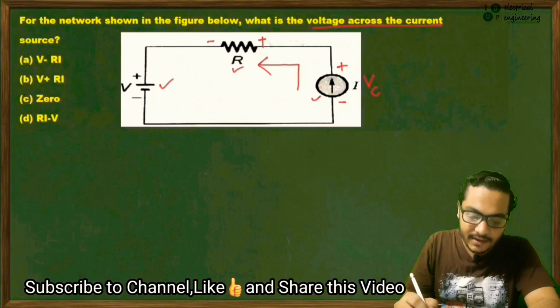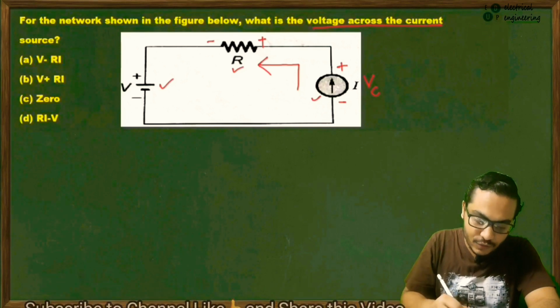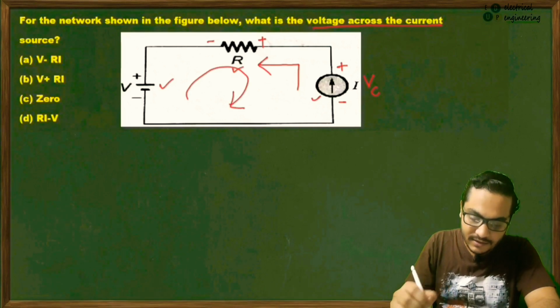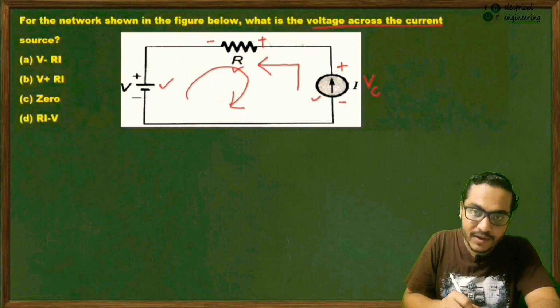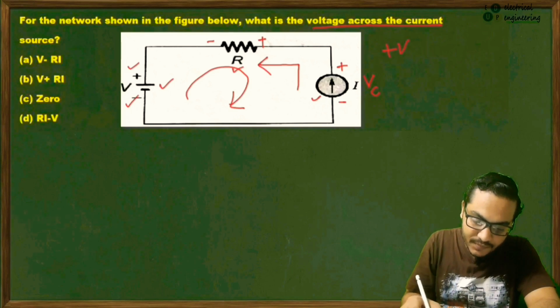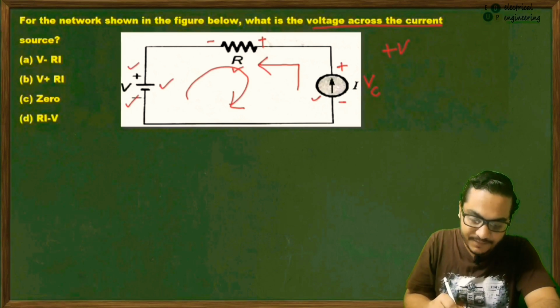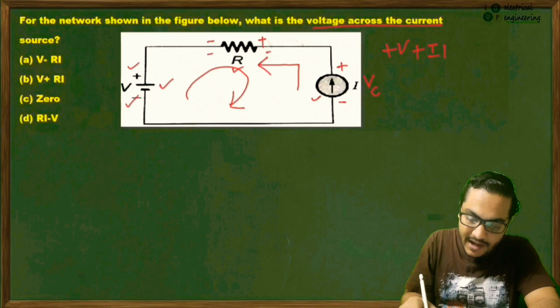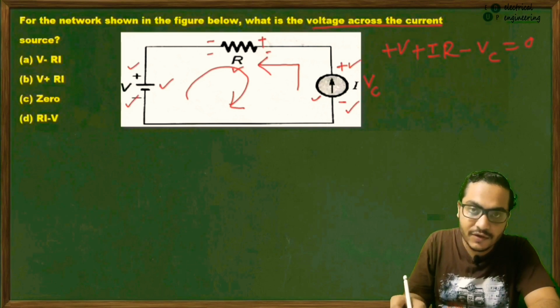Now let's apply KVL to this loop. Let's say this is your loop direction. Here we are moving from lower potential to higher potential, so this is plus V, and in the resistance we are moving from lower potential to higher potential, so this is plus I into R. And here, moving from higher potential to lower potential, this is minus Vc equal to 0.